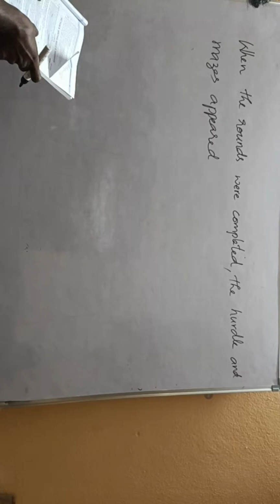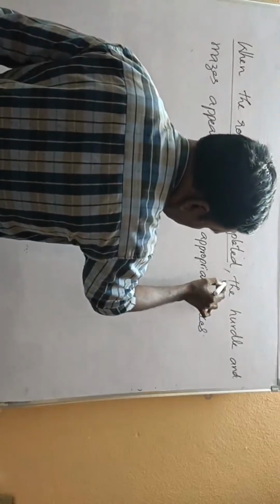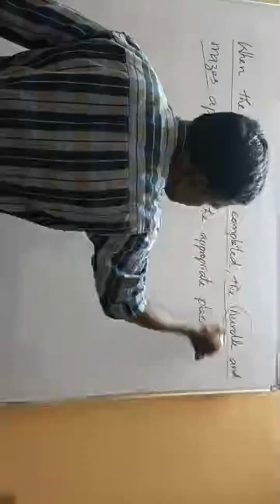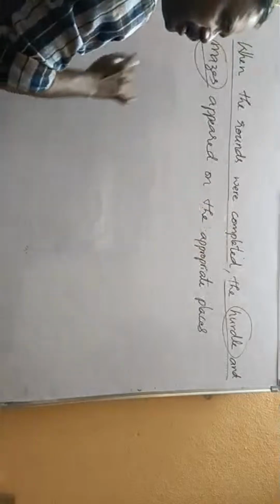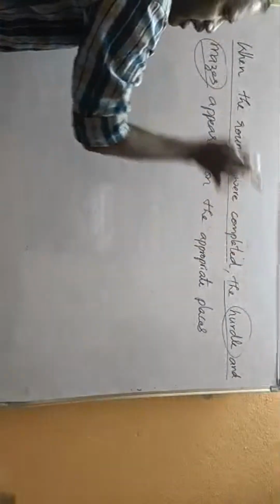See here, when the rounds were completed, no mistake. But here you see, the hurdle and mazes. If we want to express two things in the same manner, to give the same idea, both should be either in plural form or in singular form. But here hurdle is singular and mazes is plural. Both should be singular, or both should be plural.